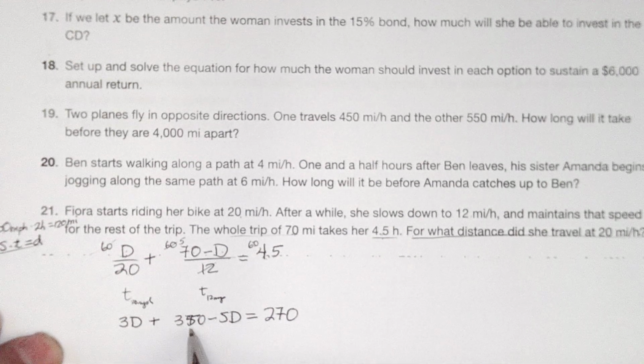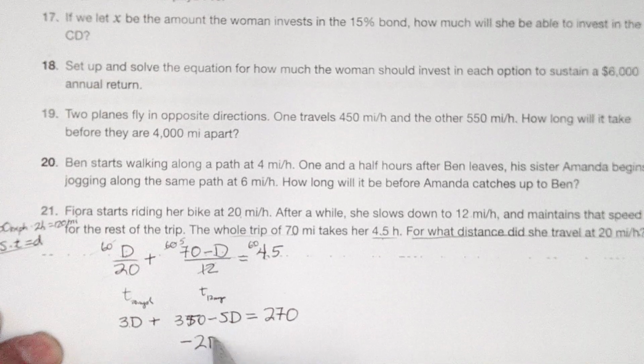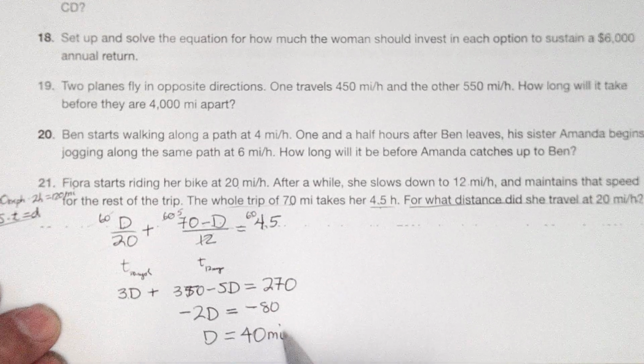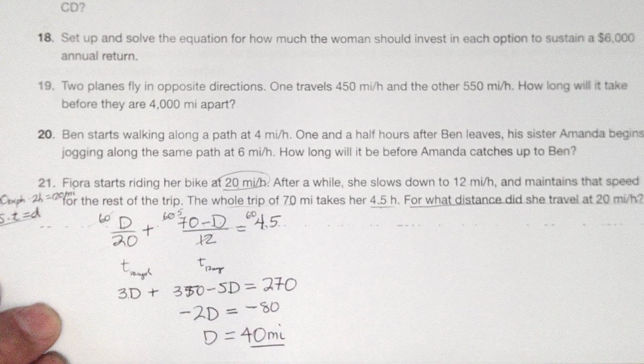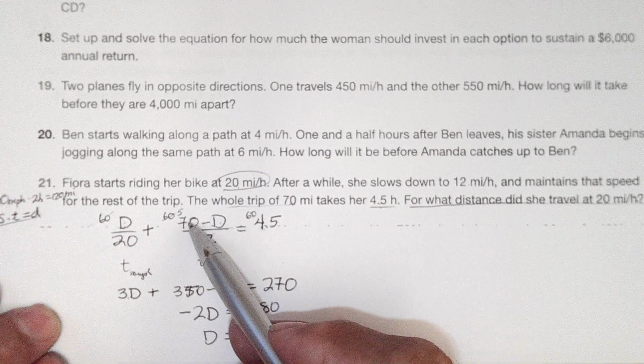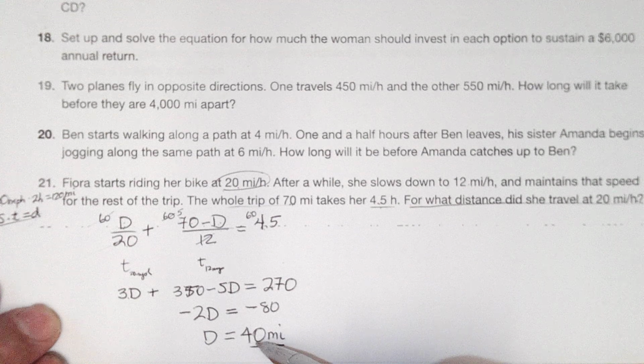Then if I subtract 350 from both sides, I get 3D minus 5D, which is minus 2D, equals minus 80. Dividing by minus 2, D is 40 miles that she went at 20 miles per hour. And then 70 minus 40 is 30 miles, how far she went at the other speed.